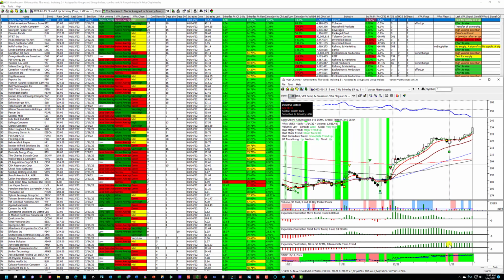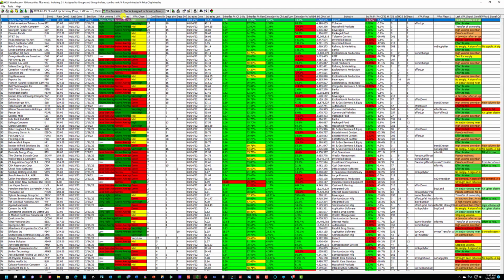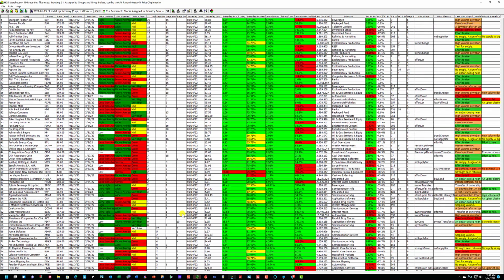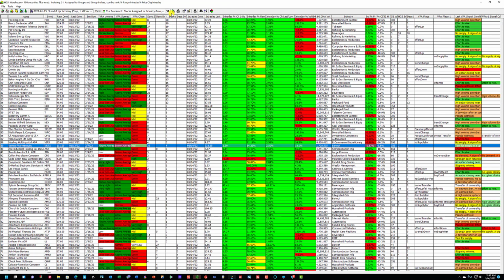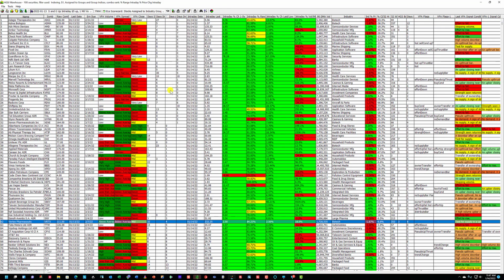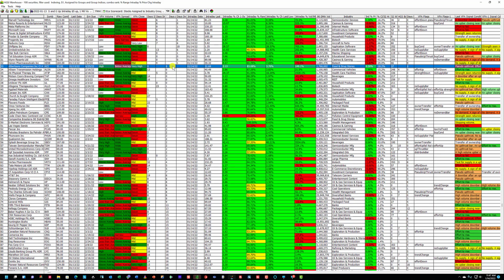It pulled back right here on the volume point of control, and now it's going again. So just remember that you can use this view intraday to figure out the length of time a stock has been active.